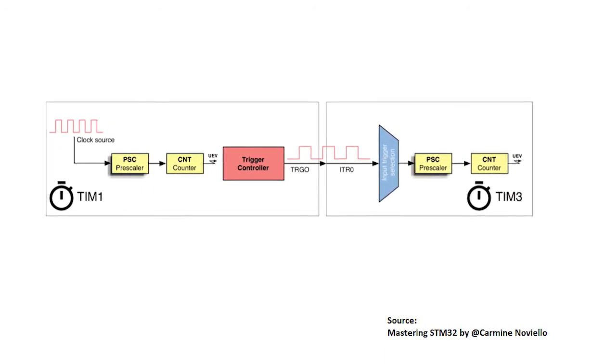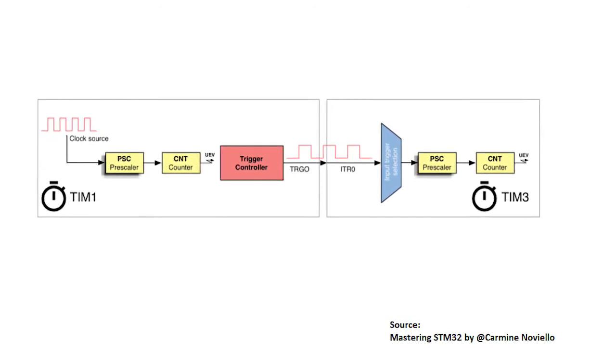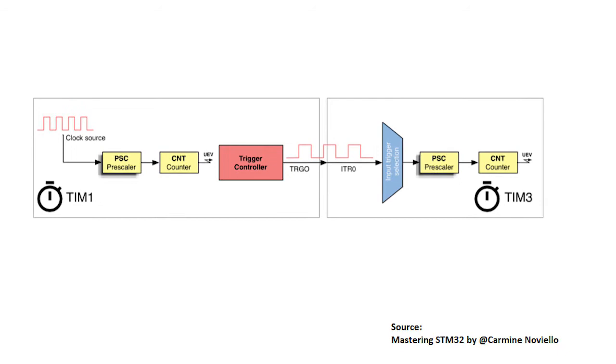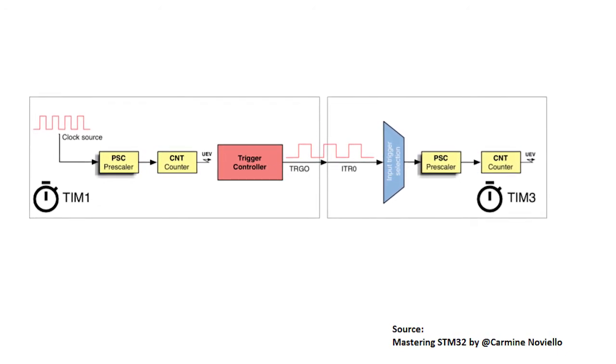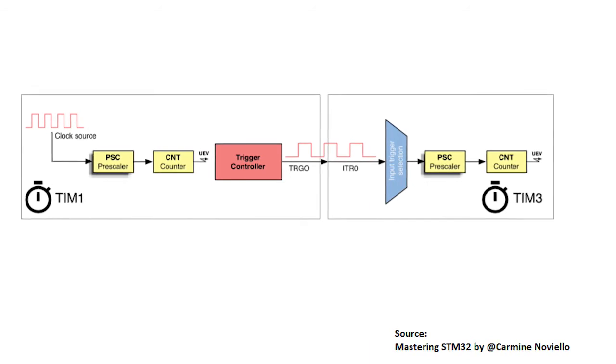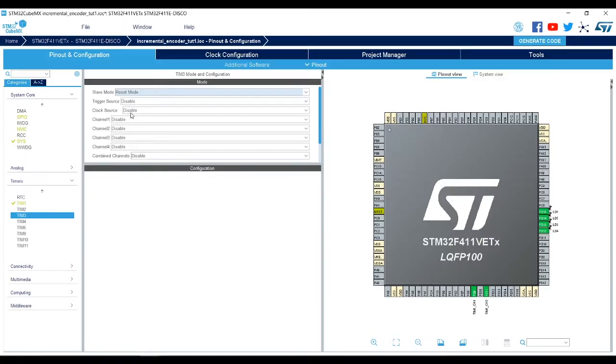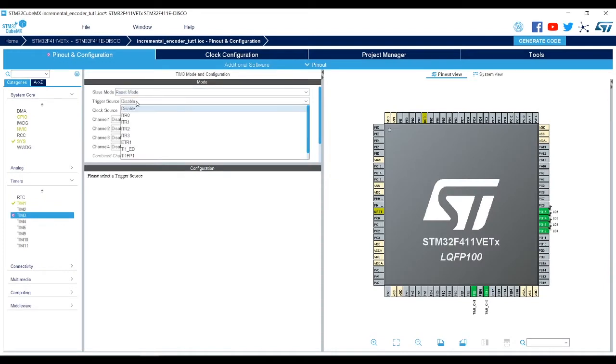These input trigger lines are precisely internal to the chip and hardwired between two defined timers. For example, in the STM32F4 MCU, timer 1 trigger line is connected to the ITR0 line of timer 3. So choose the trigger source as ITR0.